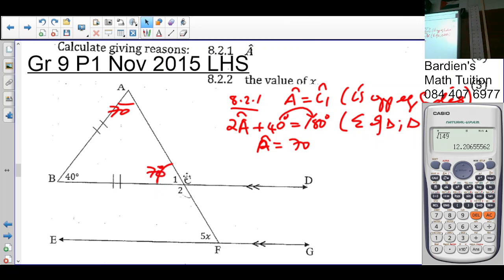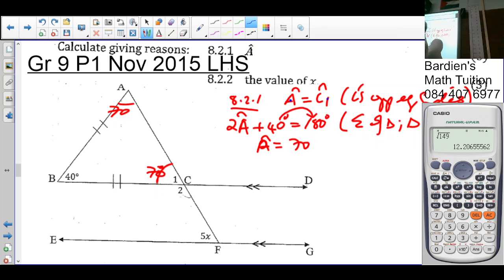Alright. Then they wanted you to solve for x. So I've indicated that already. I'm going to use, what is this? Corresponding. So 5x is equal to 70. You all okay with that? So when we get to A, we must say that A plus C1 plus 40 is 180.